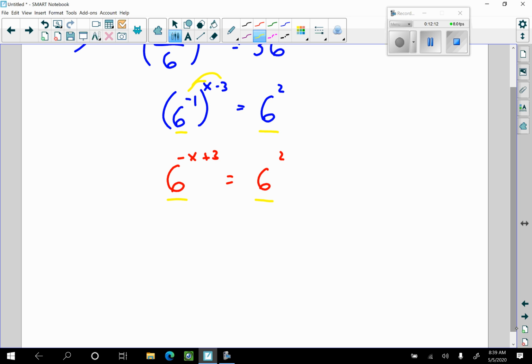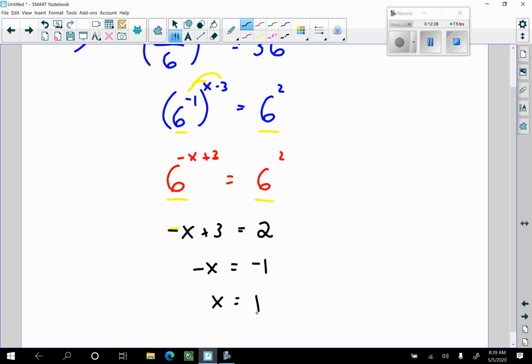And what am I going to do? I'm going to set the exponents equal. Do the exponents in black this time. Subtract 3, and x is equal to 1. Okay, very good.